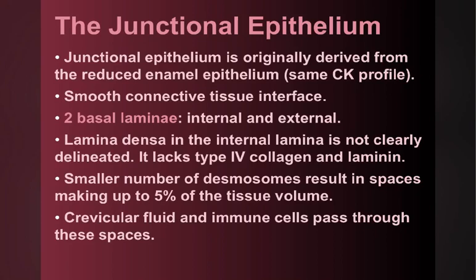This leads to more spaces within the tissue, and these spaces are important so that the sulcular or crevicular fluid and immune cells pass through them to fight against germs that may gain access to the gingival sulcus.